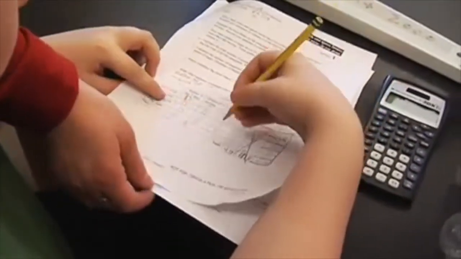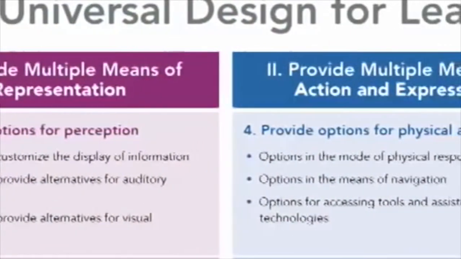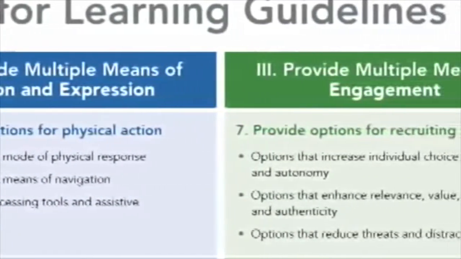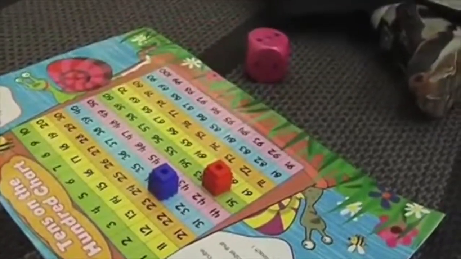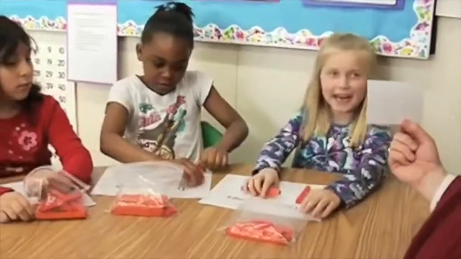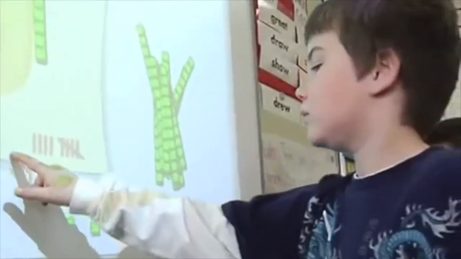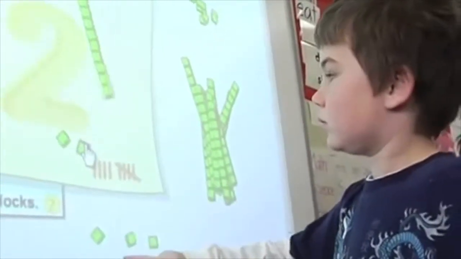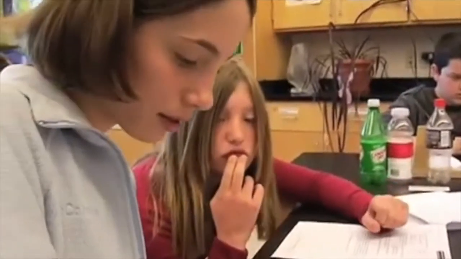The three principles of universal design for learning come from careful analysis of what learning really is, and particularly the research that has been done by thousands of other researchers in cognitive science, cognitive neuroscience, neuropsychology, which have carefully looked at what comprises learning, how does learning really work, and what are its differences among individual learners.